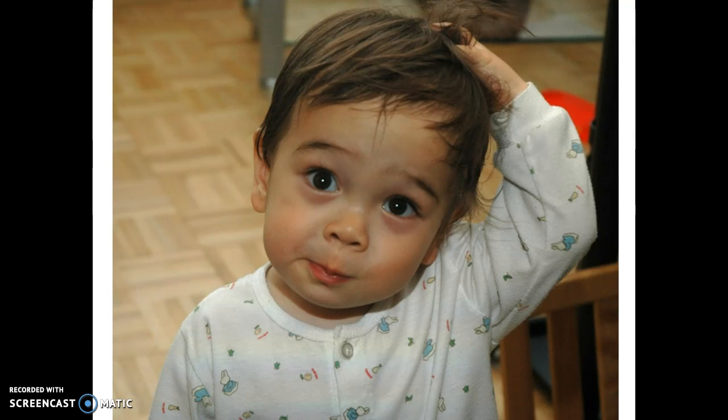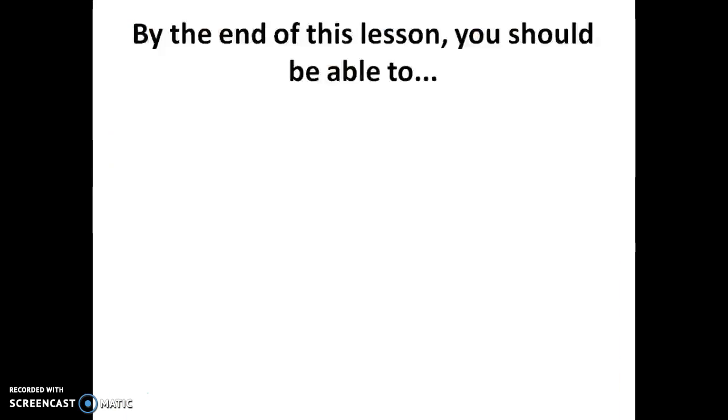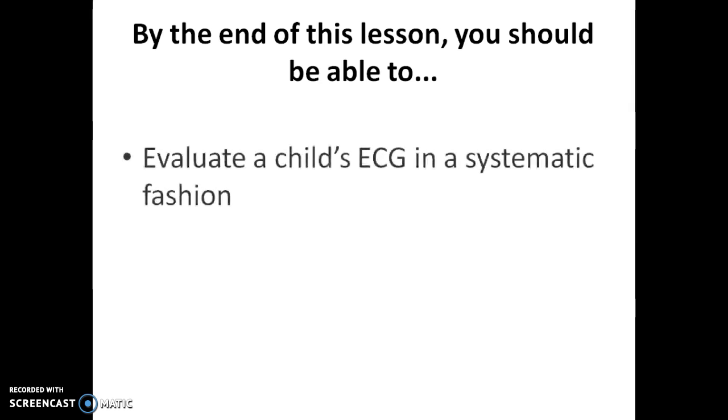But the secret to being happy with it is, like we talked about, the more you practice, the more you look at these things, the more comfortable you get at it. So by the end of today, hopefully, given that you've read the material that was sent out on my e-learning, you should be able to evaluate a child's ECG in a systematic fashion, just as you would an adult, but with some caveats.